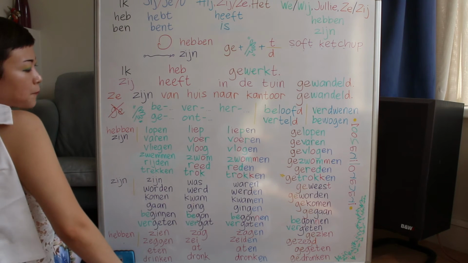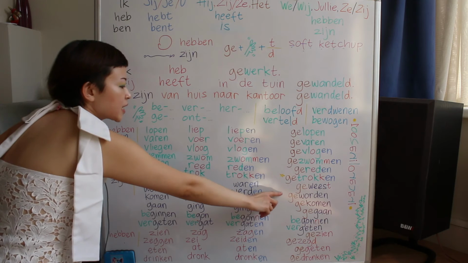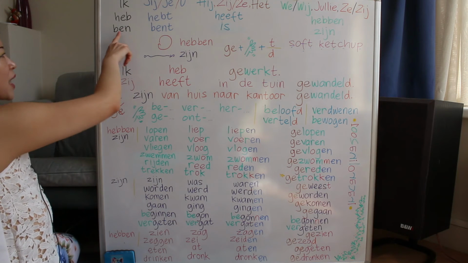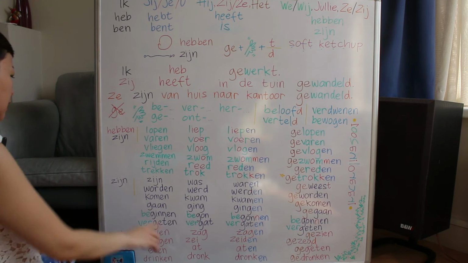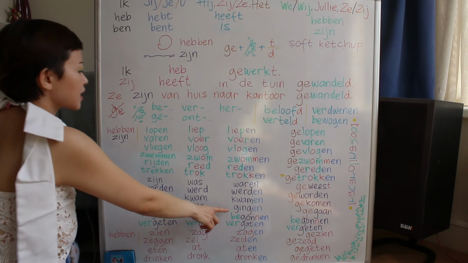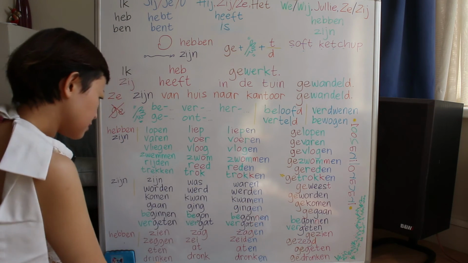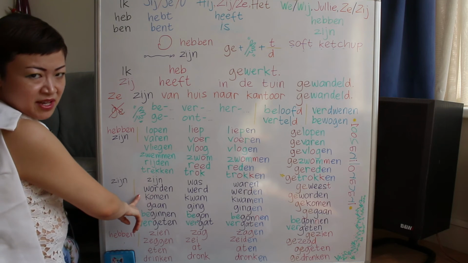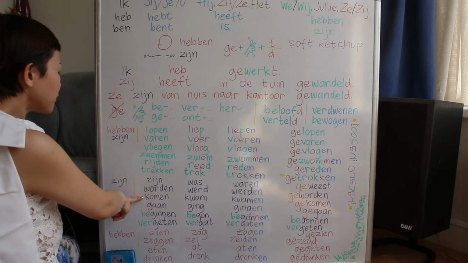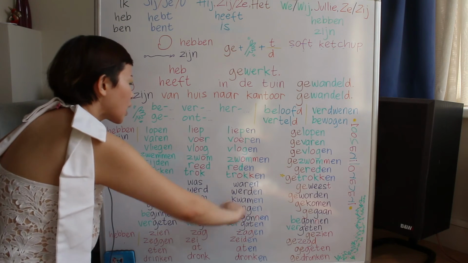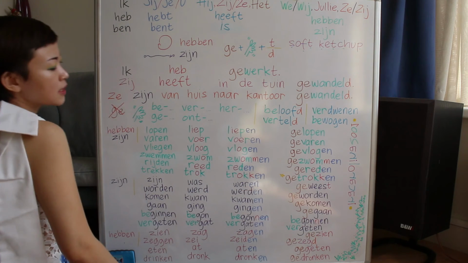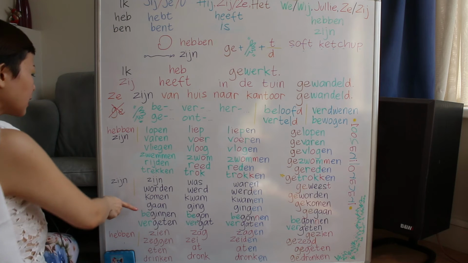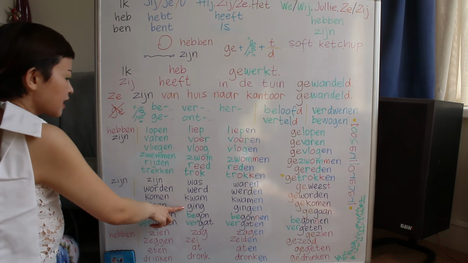Most of words used with hebben, lots of words used with hebben, because it happens in the same circumstance. There's no change or difference. But some words we use the zijn. There's change or there's difference from one place to the other place, or from one situation to the other situation. If there's change, one dot to the other dot, we use zijn. If same circumstance, we use the hebben.